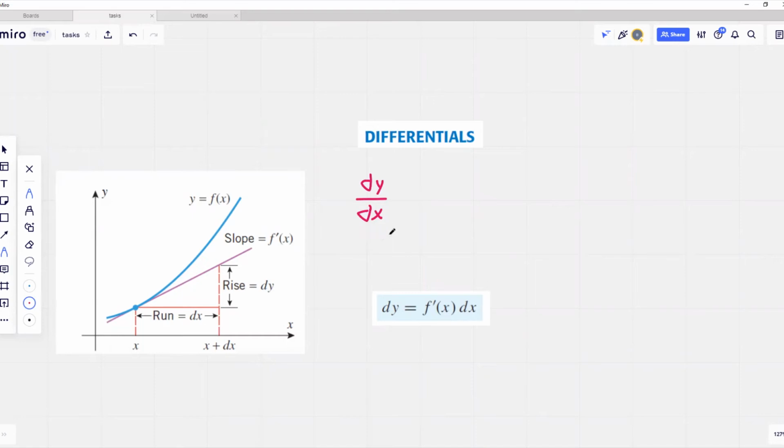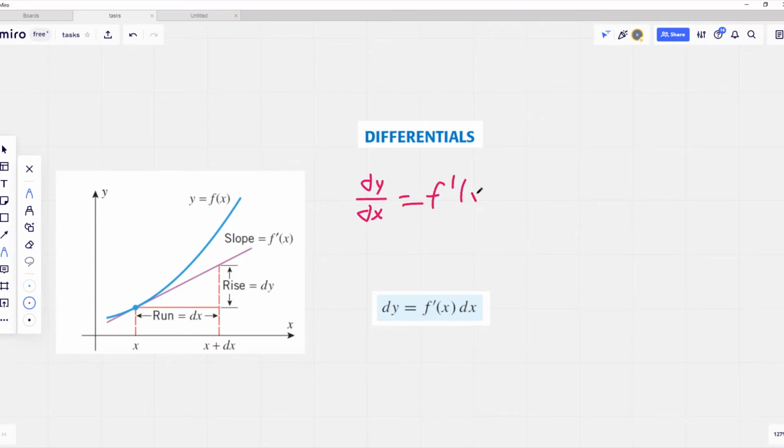Now, we are going to treat dy over dx as an actual ratio by assuming that dx is an independent variable that can take on any real value, and then dy is our dependent variable.